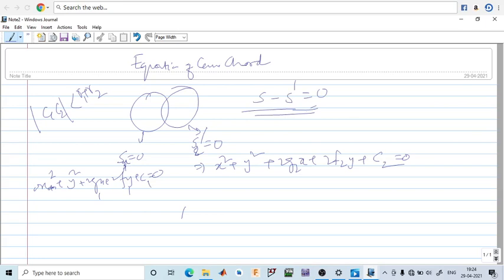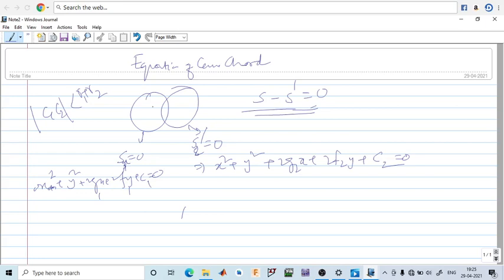And if the length of the common chord is 0, then we will say that it is a tangent, right? What is the length of that common chord?